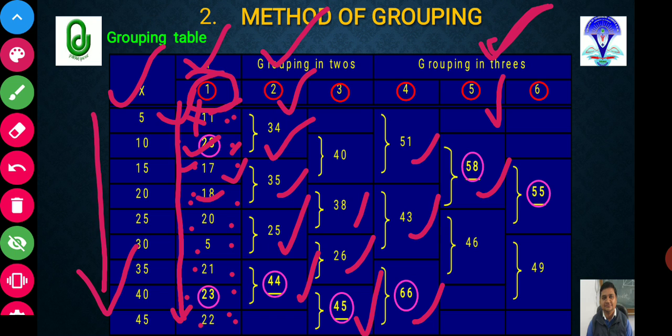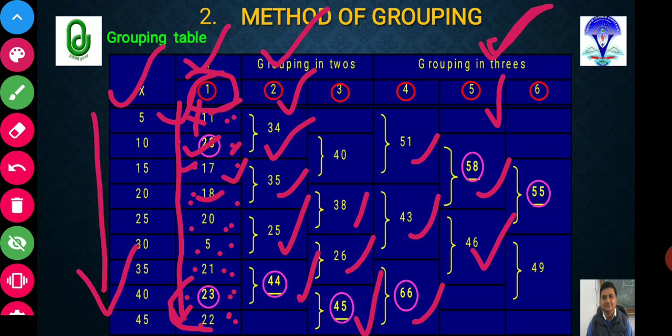Then similarly the next, 20 plus 5 plus 21. 20 plus 5 is equal to 25, plus 21 is equal to 46. Next comes 23, 22, but the third value is not there, so we will leave these two values. This is the grouping in terms of 3.